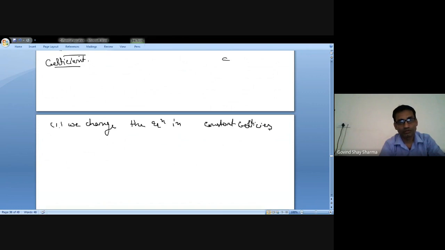There are some methods to solve the differential equation.